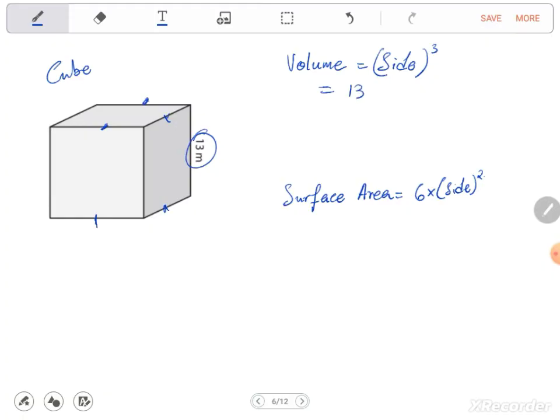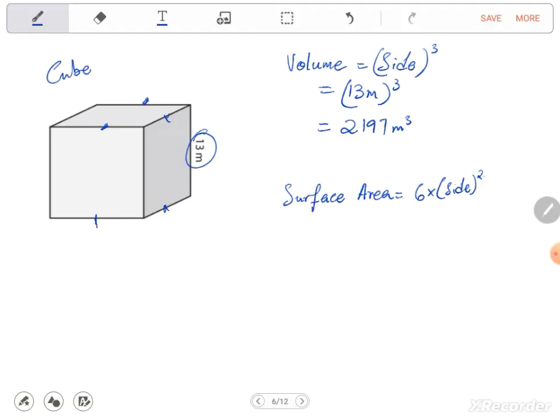So it will be 13 meters, and we cube that. 13 cubed will be 2,197 meters cubed. I just want to double check whether my calculation is correct there.